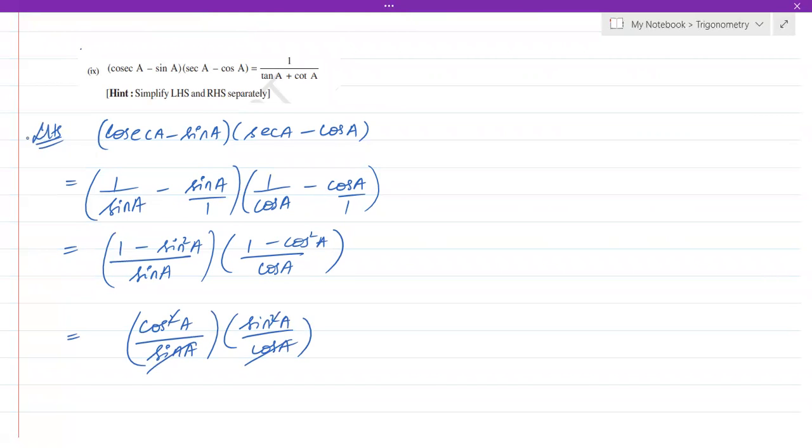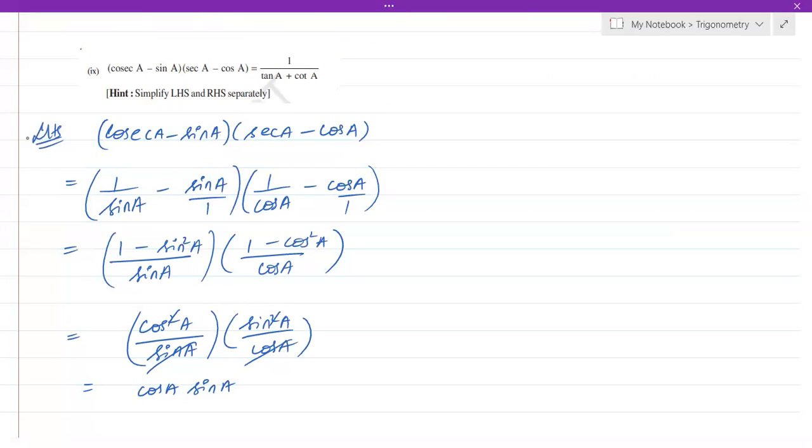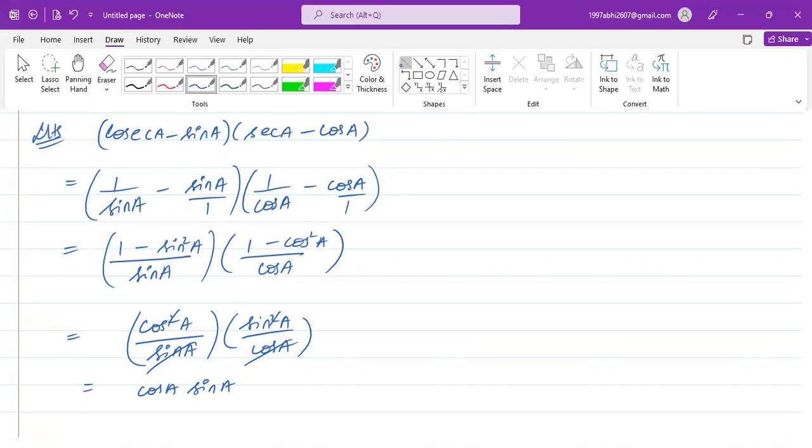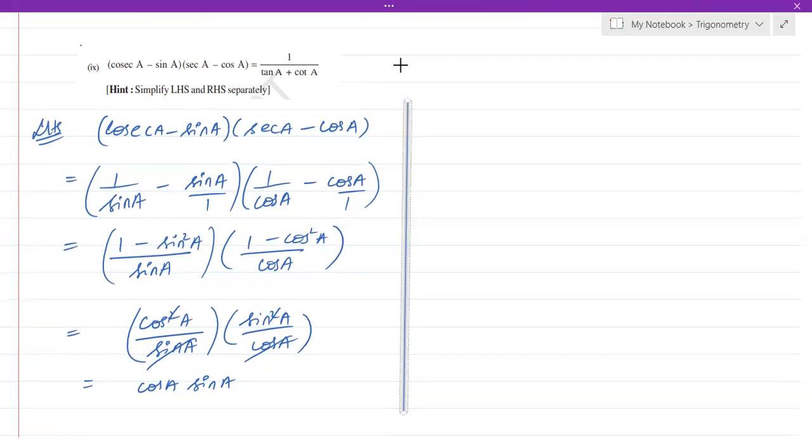Therefore, in the numerator, still one cos A and one sin A is left, isn't it? But from here, you cannot get anything. You cannot proceed further. So we got to know that we have to simplify the RHS also. In the LHS, the answer I got, cos A into sin A, we can't do anything. So let's take the RHS.